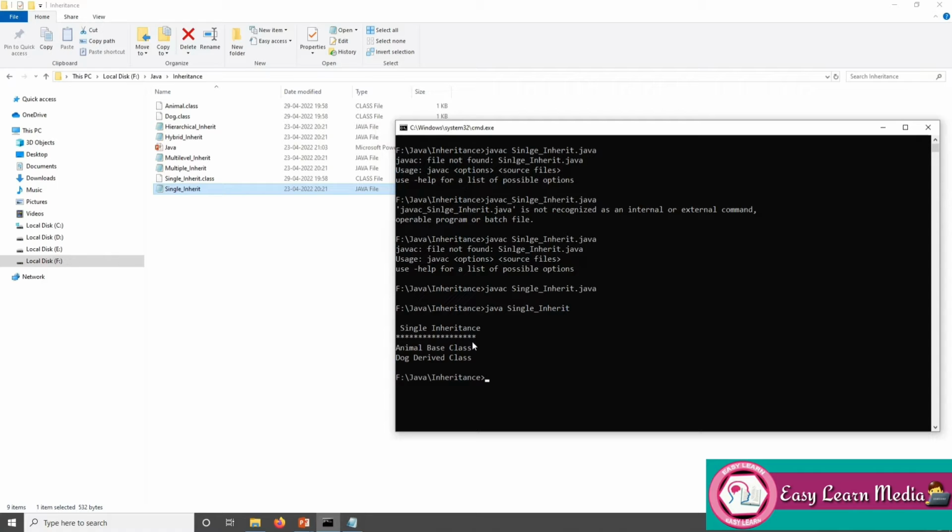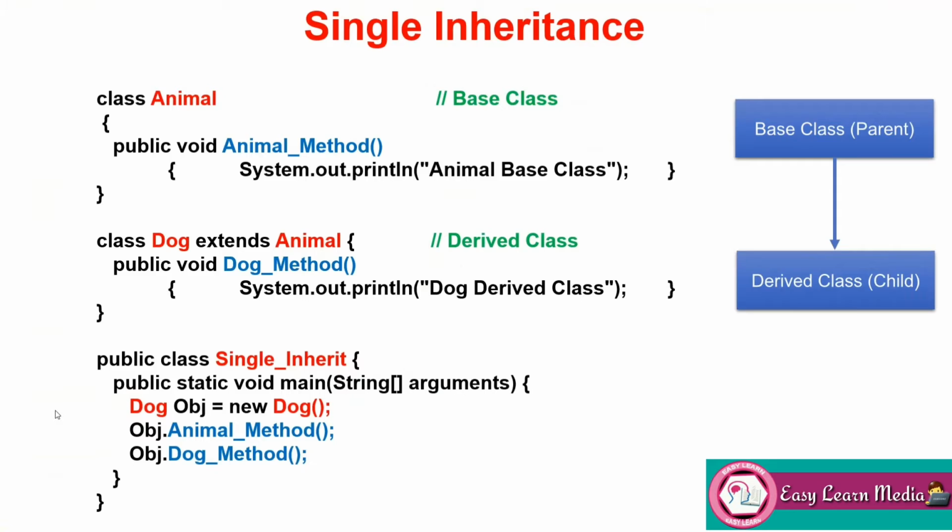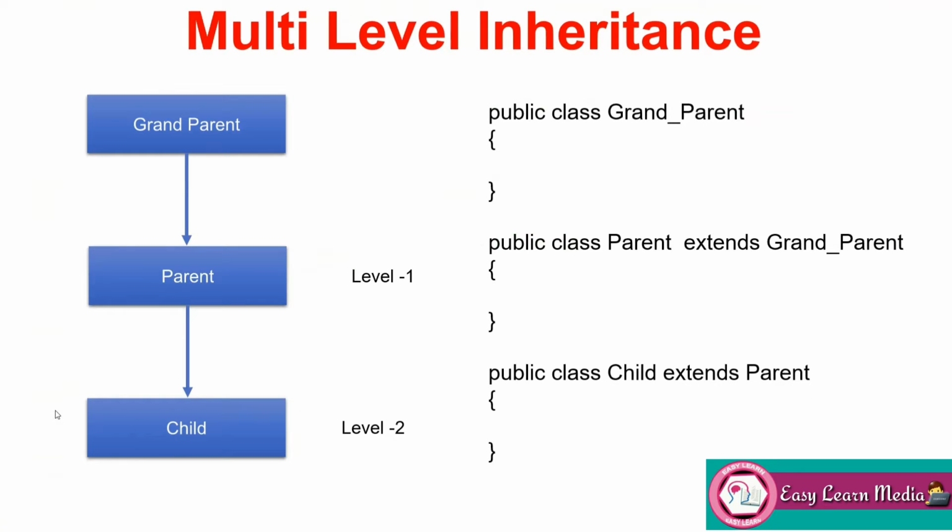Now let's move on to the next topic, multi-level inheritance. Multi-level inheritance is a sequential order: we start with the grandparent, then parent, and child. The parent is level 1, the child is level 2, and the grandparent is the base.